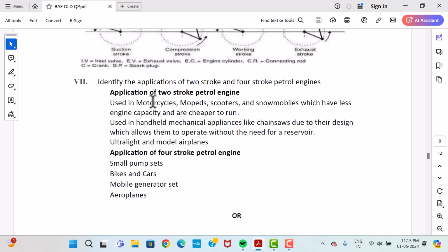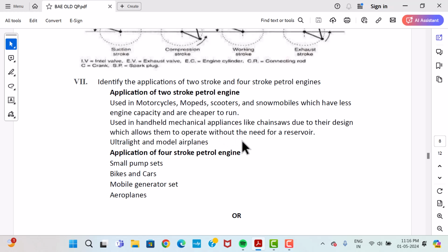Applications of the two-stroke petrol engine: nowadays two-stroke engines are obsolete, but you have to study their applications. They are used in motorcycles, mopeds, scooters, snowmobiles, which have less engine capacity and are cheaper to run. They are used in handheld mechanical appliances like chainsaws, due to the design which allows them to operate without the need of a fuel reservoir.